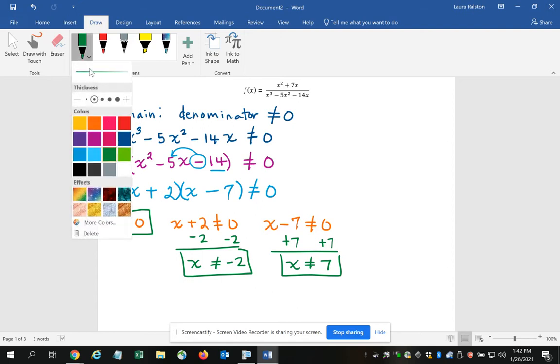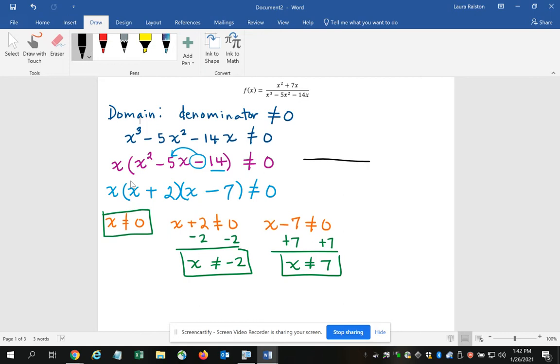Okay, so if I write my domain in interval notation, and again, you may want to look at it on a number line, you would have holes at -2, 0, and 7, but you can choose any number to the left, between, or to the right.